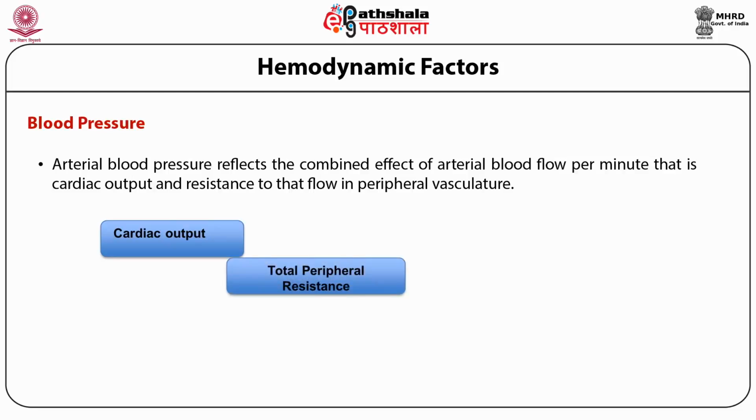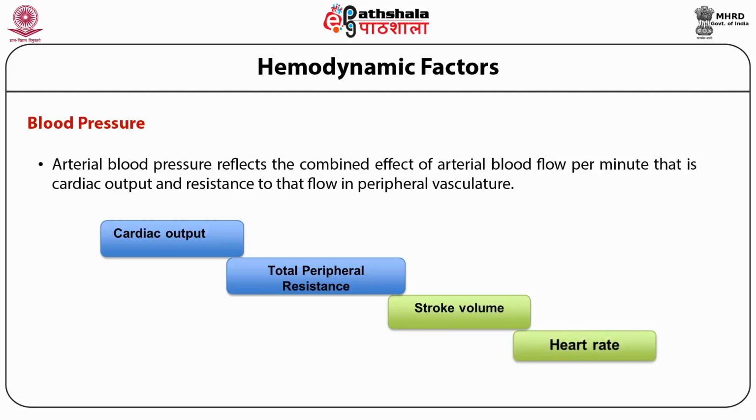Similarly, the cardiac output can be represented as the product of stroke volume and heart rate. An increase in the stroke volume and heart rate would consequently generate more cardiac output, while a decrease in any of these parameters would decrease the cardiac output. With an enhanced cardiac output, there would be an increase in blood pressure.